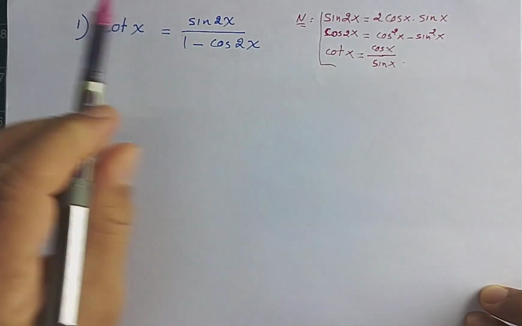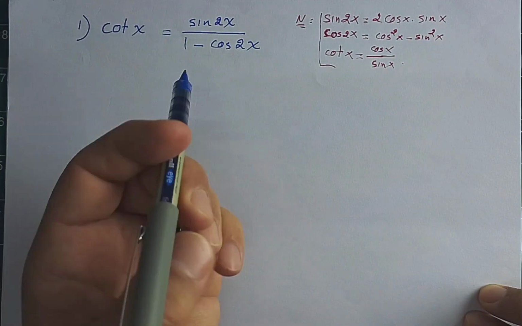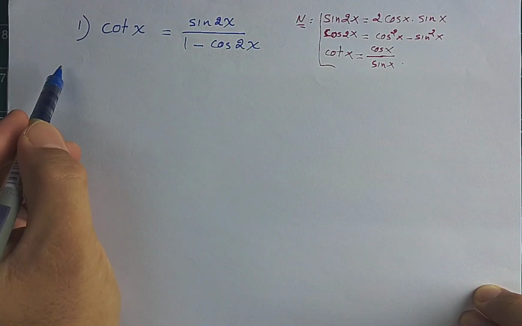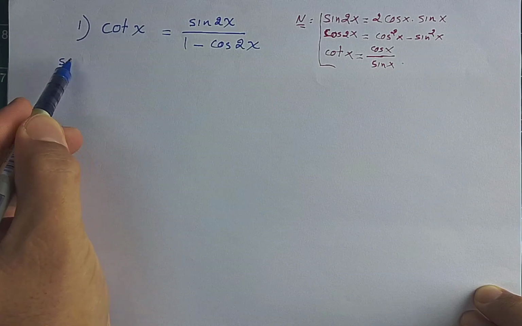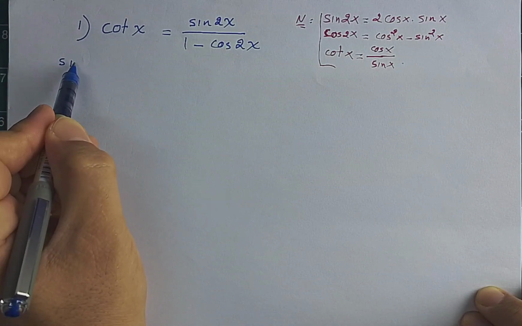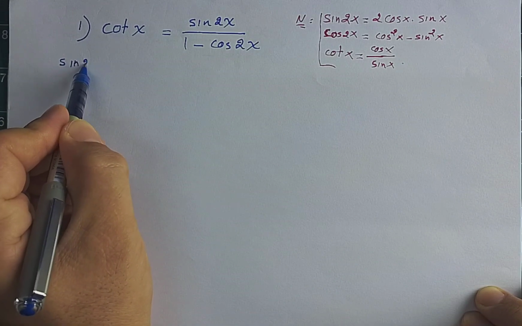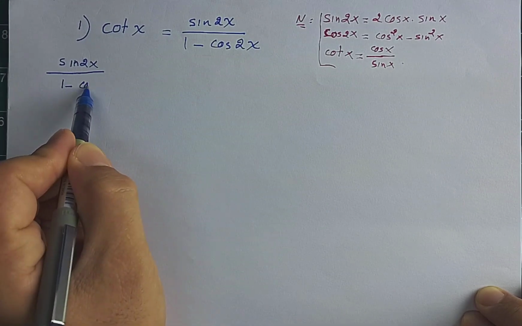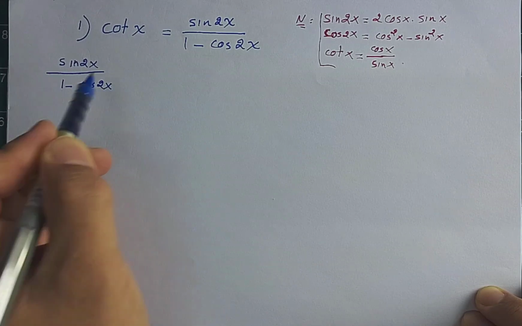So here we have three tools to solve this problem. Let's start with the right side. We have sine 2x out of 1 minus cosine 2x equal.